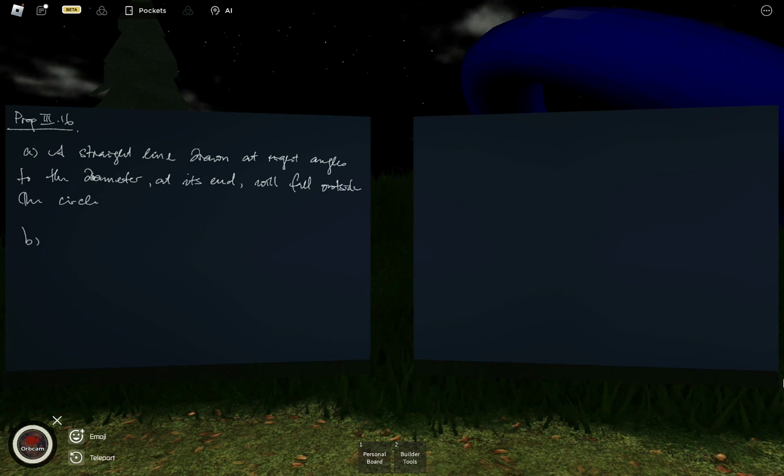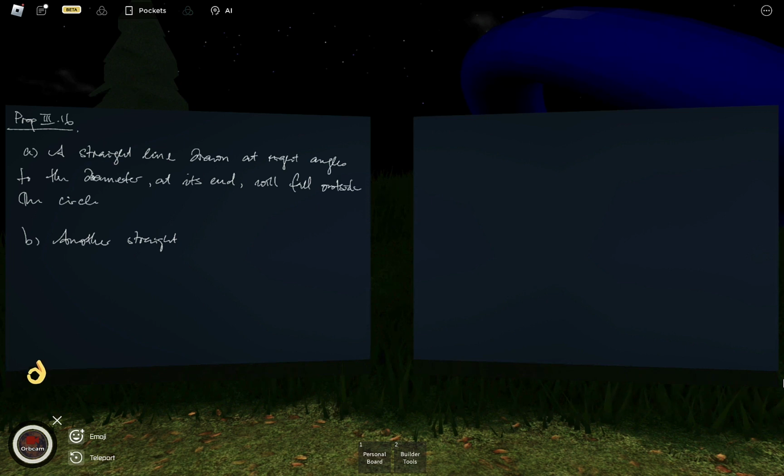And part B, another straight line. So this is another straight line, cannot be inserted between the straight line from the previous part, from part A, and the circumference. I'll make this more clear when we have a diagram. Euclid is just super terse when it comes to describing this.